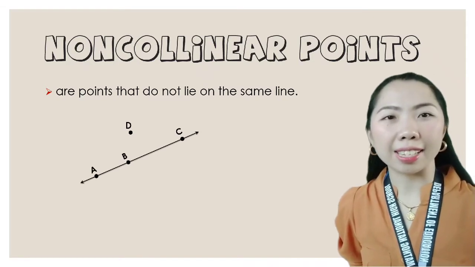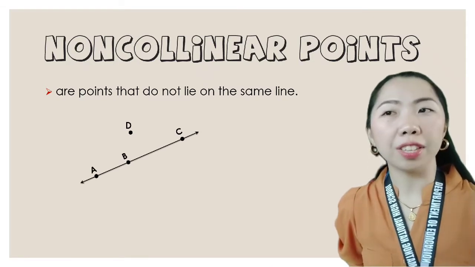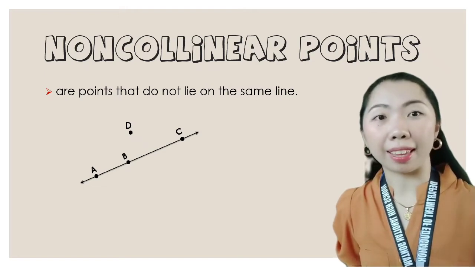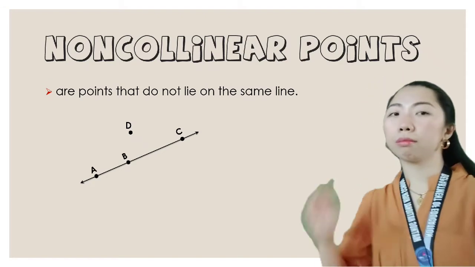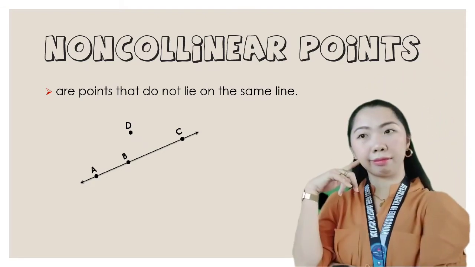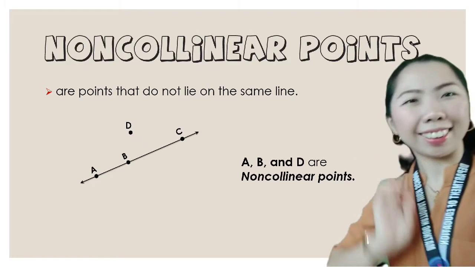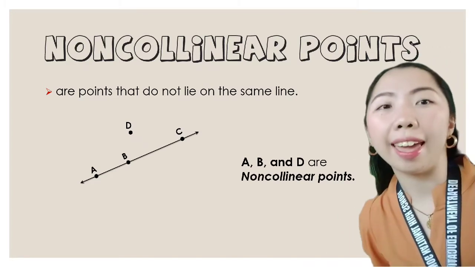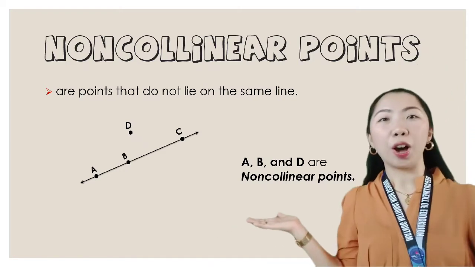Take a look at this example. Which of these points does not lie on the same line? Right, it's D, point D. Therefore, A, B, and D are non-collinear points.